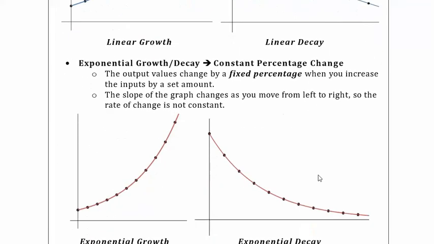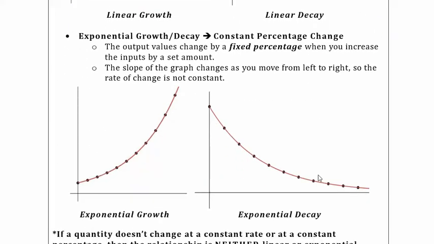When we have exponential decay, that means we're going to be decreasing by a fixed percent. So we've talked about percent increase and percent decrease. So you remember in the examples that we just did, if we had a percent increase, then we would want to add that percent to 100% to create our multiplier.